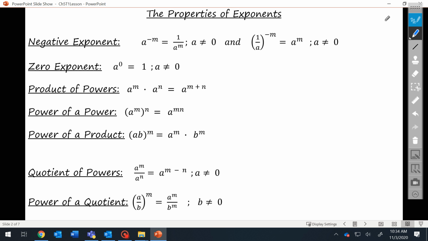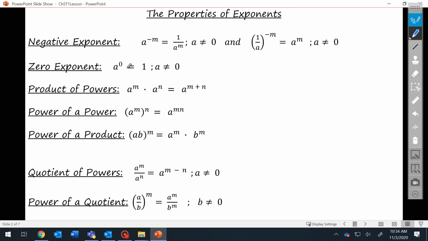So for instance, x to the negative second power, written with a positive exponent, would be 1 over x squared. And vice versa, 1 over x to the negative second power would be written as x squared. It just switches numerator and denominator.